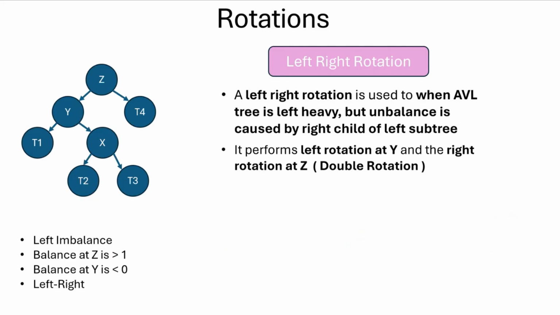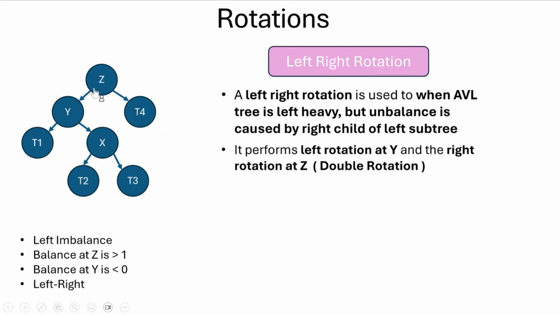So let's understand the next rotation type, which is left-right rotation. We know that left-right rotation is used when the tree is left-heavy, meaning left imbalance, but it is caused by the right child of the left subtree.